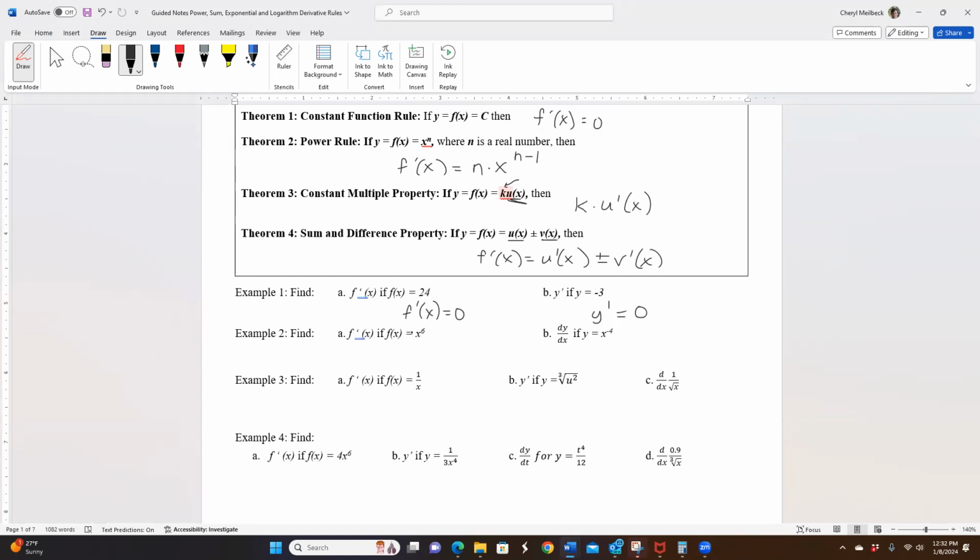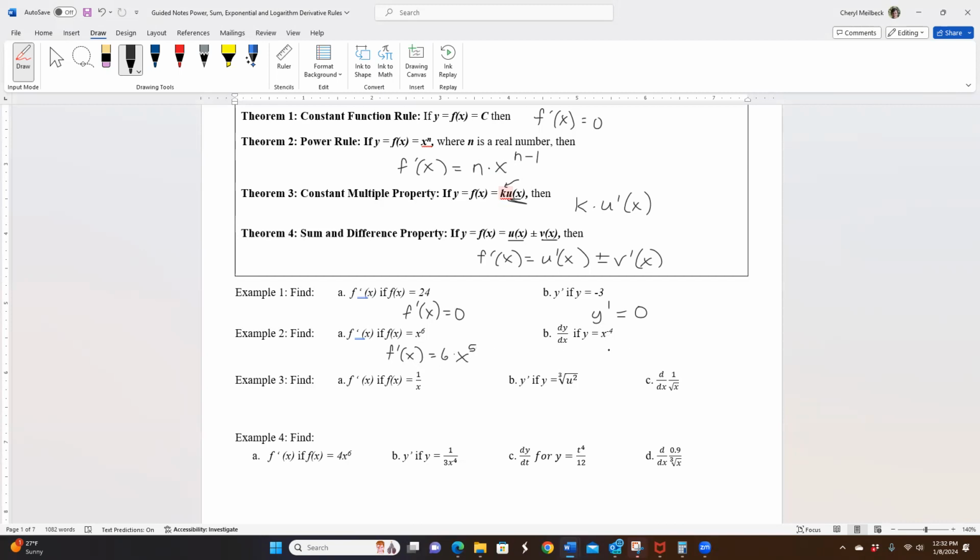In example 2, we have x to a power. So it says f of x equals x to the 6th. So the derivative there will take the 6 and multiply it by the x, and we'll subtract 1 from my exponent and get 5. So the derivative is 6x to the 5th.